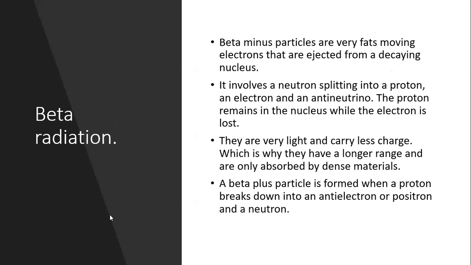Basically what was happening in beta minus decay was that a neutron was splitting to give us a proton, an electron, and an anti-neutrino. Now, we know that a neutron is made up of 1 up quark and 2 down quarks, and a proton is made up of 2 up quarks and 1 down quark.